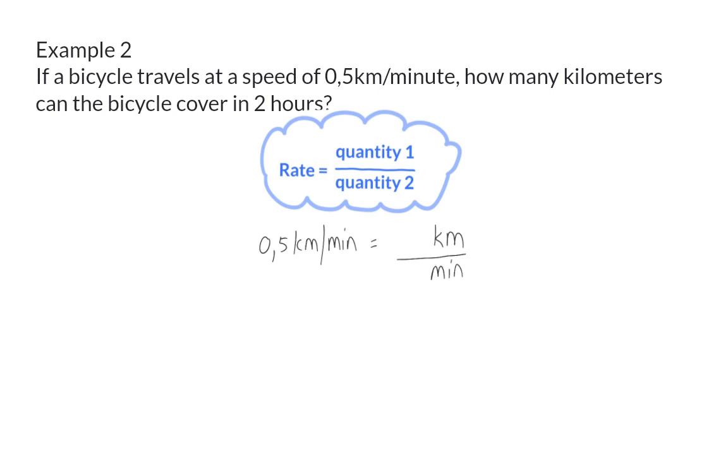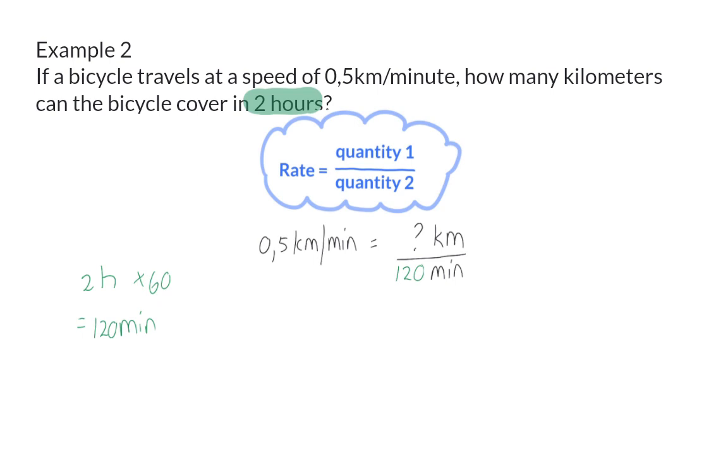The question is, how many kilometers can a bicycle cover in 2 hours? This means that we first need to convert the 2 hours into minutes by multiplying by 60, and that will give us 120 minutes. Now we can substitute the 120 minutes in the denominator.